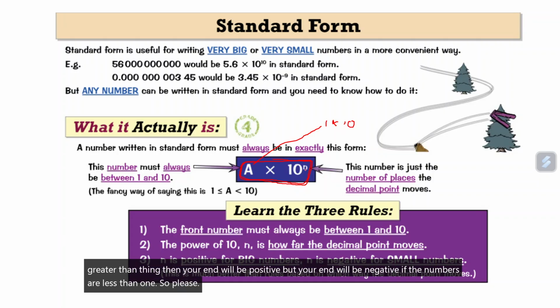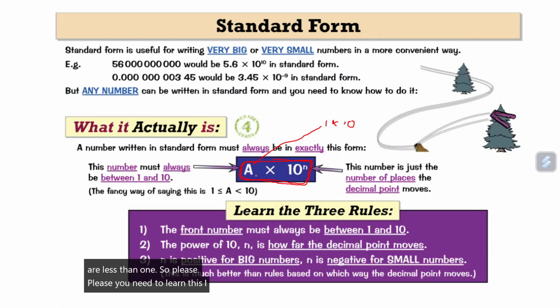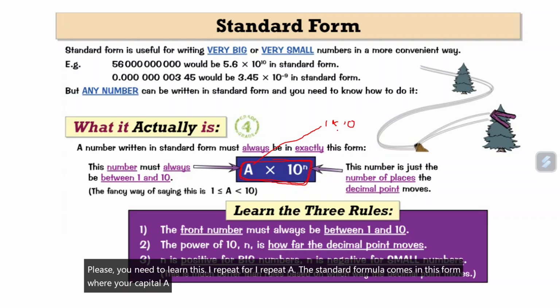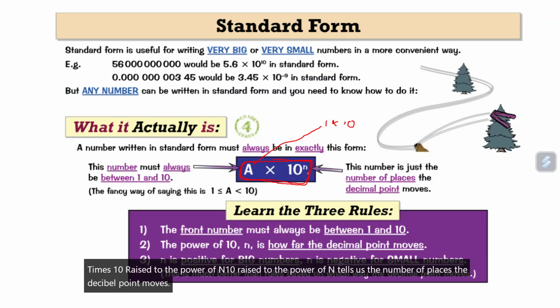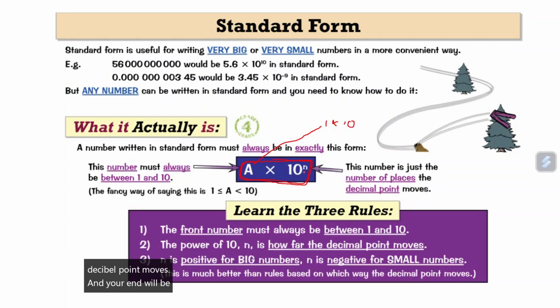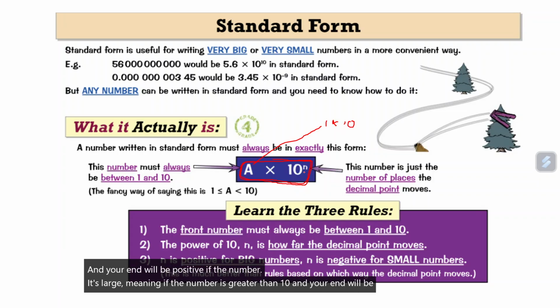Please, you need to learn this. I repeat, the standard form comes in this form, where your capital A will be a number between 1 and 10, times 10 raised to the power of n. 10 raised to the power of n tells us the number of places the decimal point moves, and your n will be positive if the number is large, meaning greater than 10, and your n will be negative if the number is smaller, less than 1.